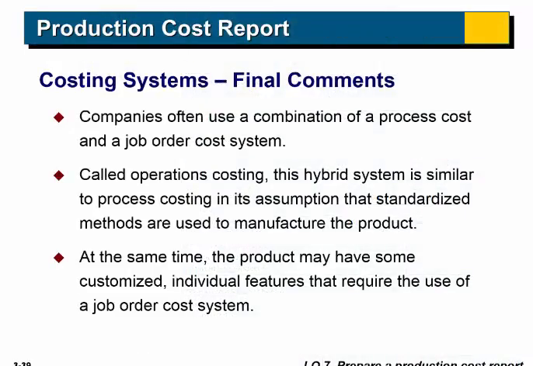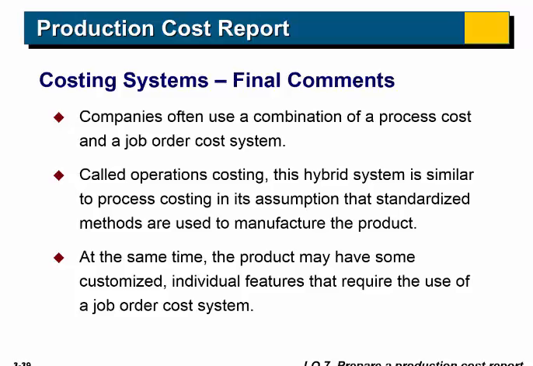And lastly here, regarding final comments, we have now seen job costing plus process costing, and let it be known that there are many companies out there that actually use a combination of a process cost and a job order cost system. It's called operations costing, and it's a hybrid system.